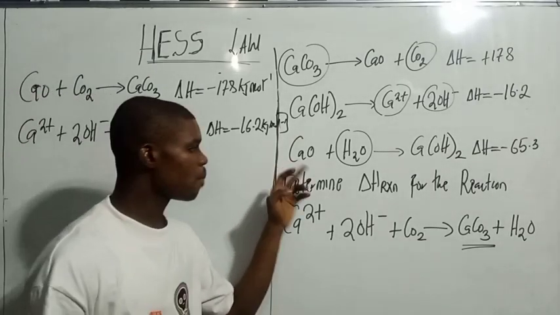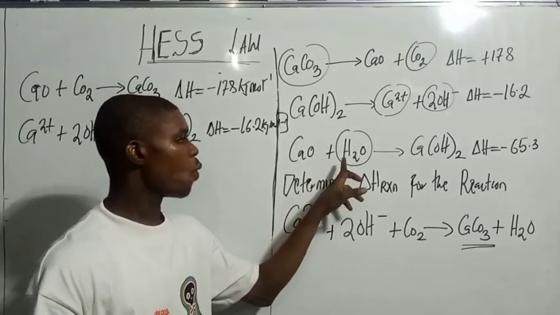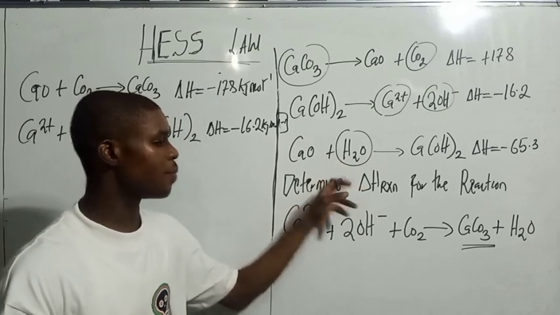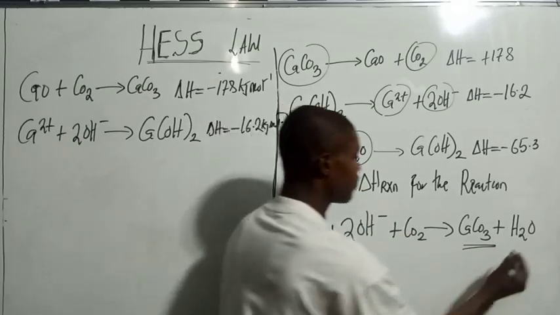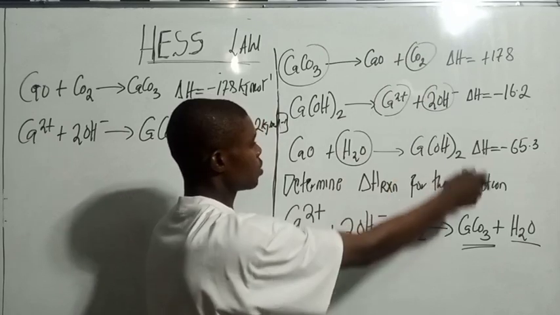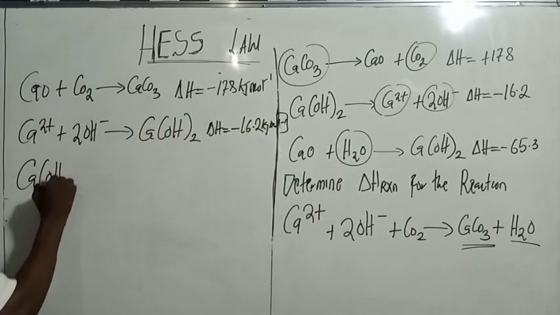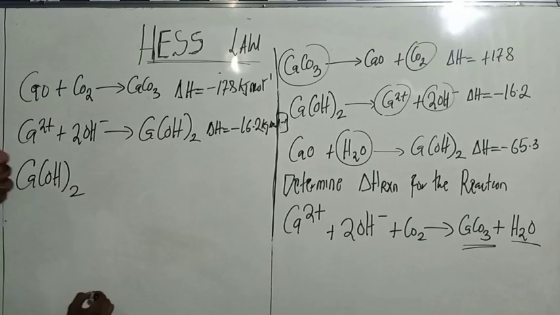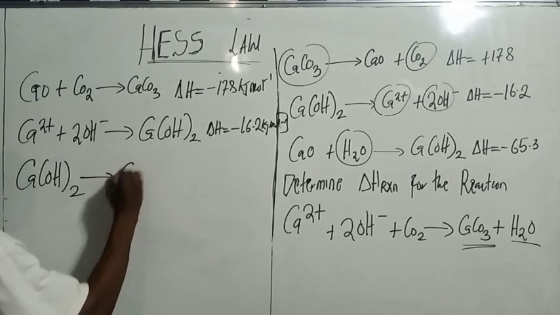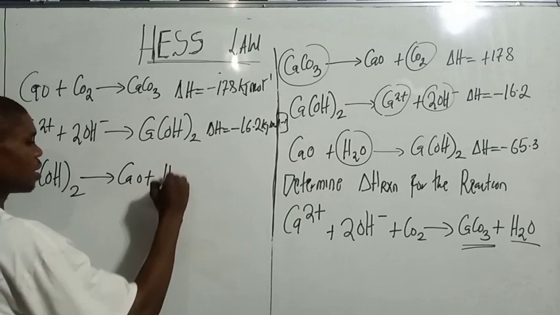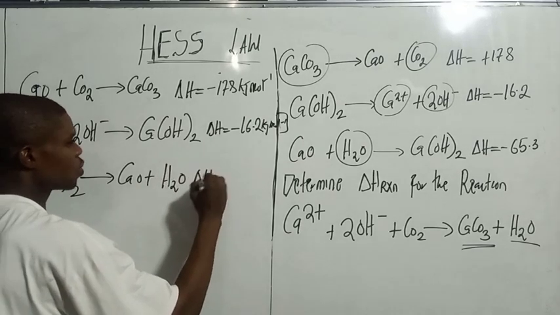Then this one here, water. Water is on the right hand side here, but it's on the product side here. So you have to reverse this one here. Move it to here, then move to the other side here. So you have Ca(OH)2, right? Giving you CaO plus H2O. Delta H, what will happen here?